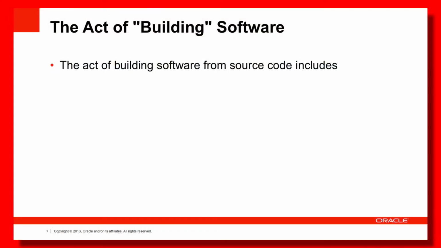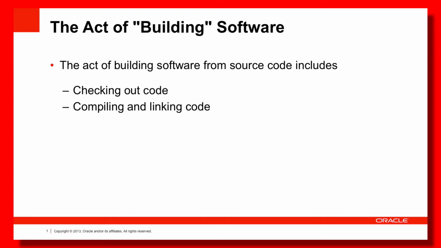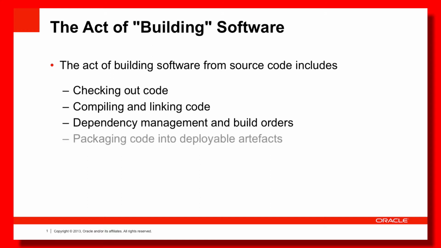So the act of building software from source code typically includes the following steps: checking out your code from, say, Subversion or another version control system, compiling and linking the code. Now, linking is something that Java programmers probably aren't too familiar with, but it's certainly something you had to do with older languages. Then, because applications and source code are normally dependent on other source code and libraries, you need to build things in a specific order, consider the dependencies, and manage those dependencies.